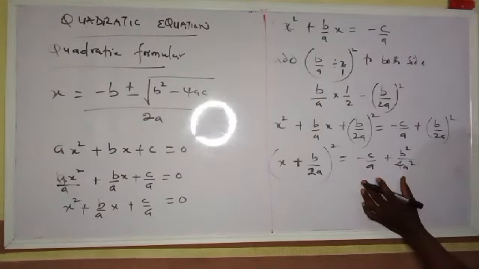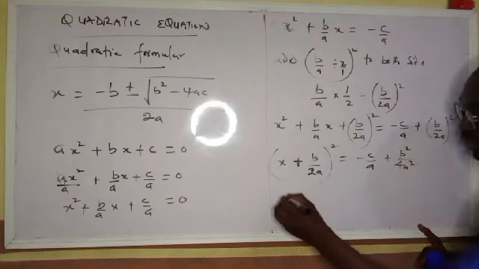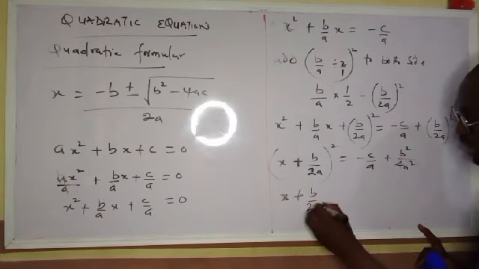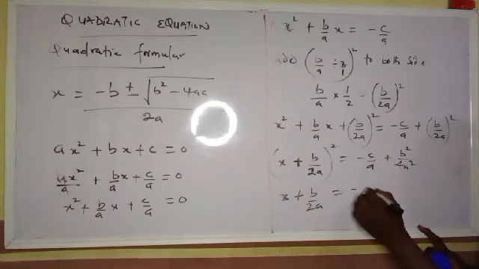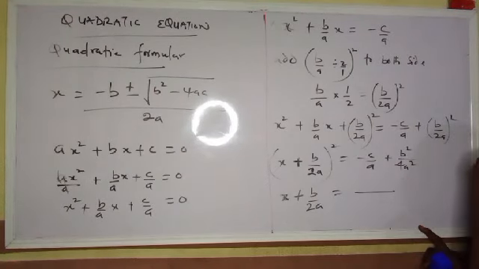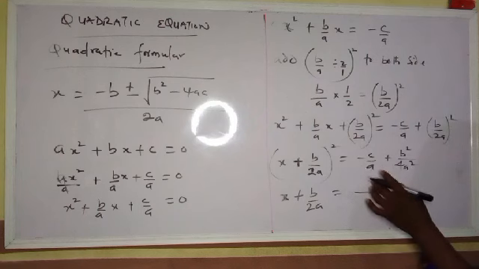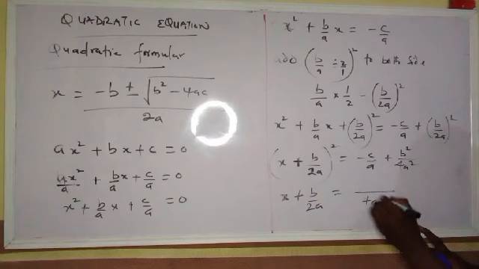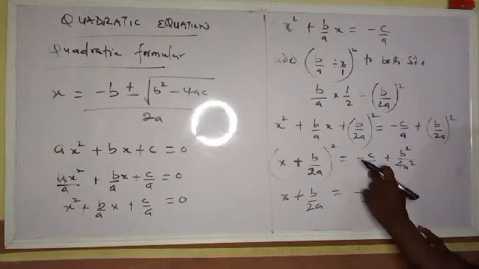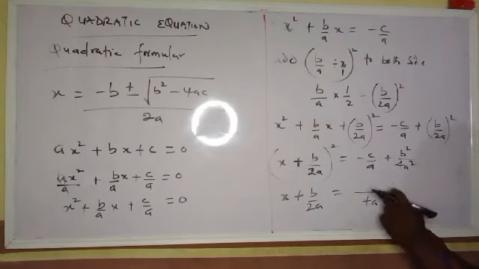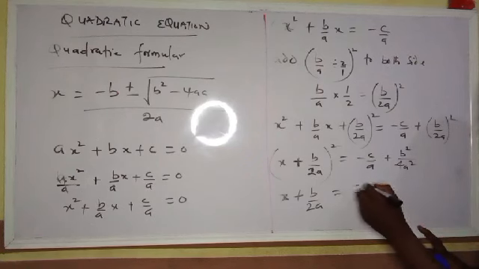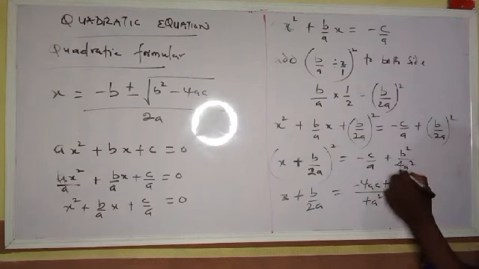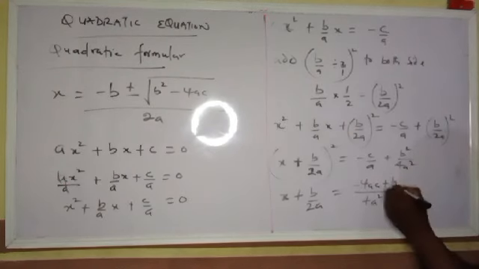Now let's look at the right hand side of the expression. Let's make it a single fraction. The common denominator here is 4a squared. 4 times a in 4a squared is 4a, 4a times c, that is minus 4ac, plus b squared.